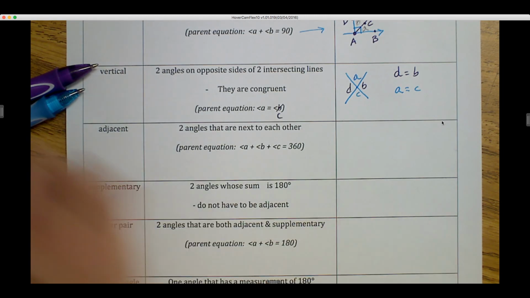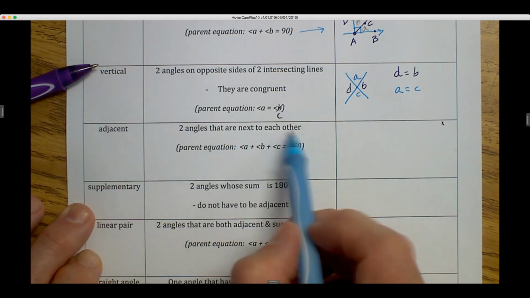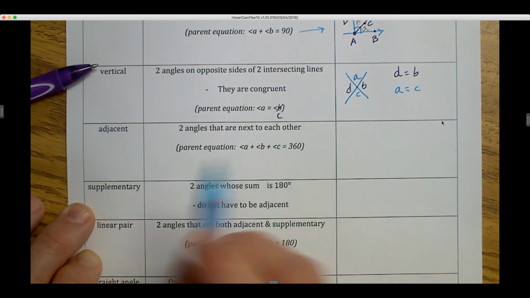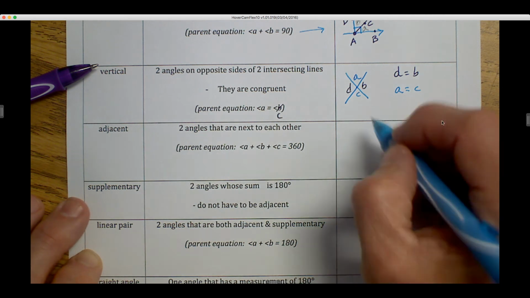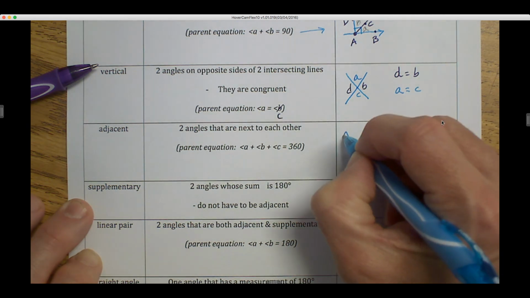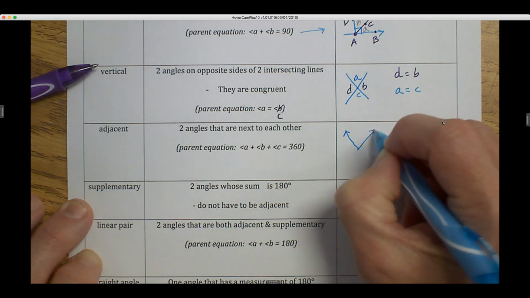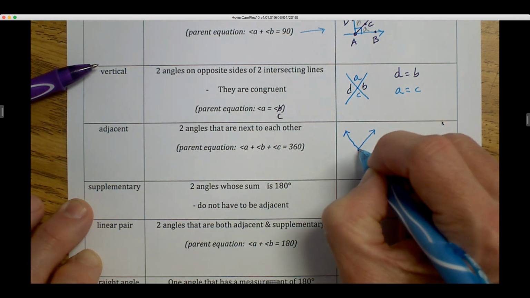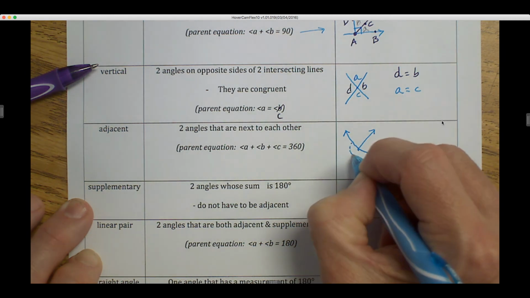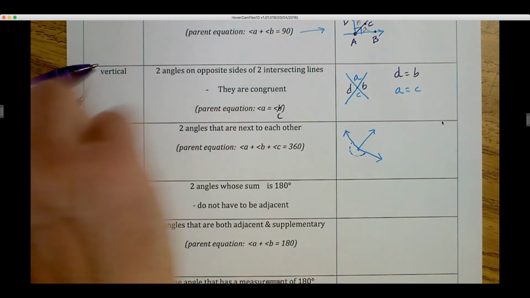Adjacent angles are two angles that are next to each other. The parent equation, angle A plus angle B plus angle C equals 360. So for the pictures that we're going to see, adjacent angles, they just mean they're next to each other. So we've got one angle here, we've got a second angle here, and then we've got this big third angle right here.